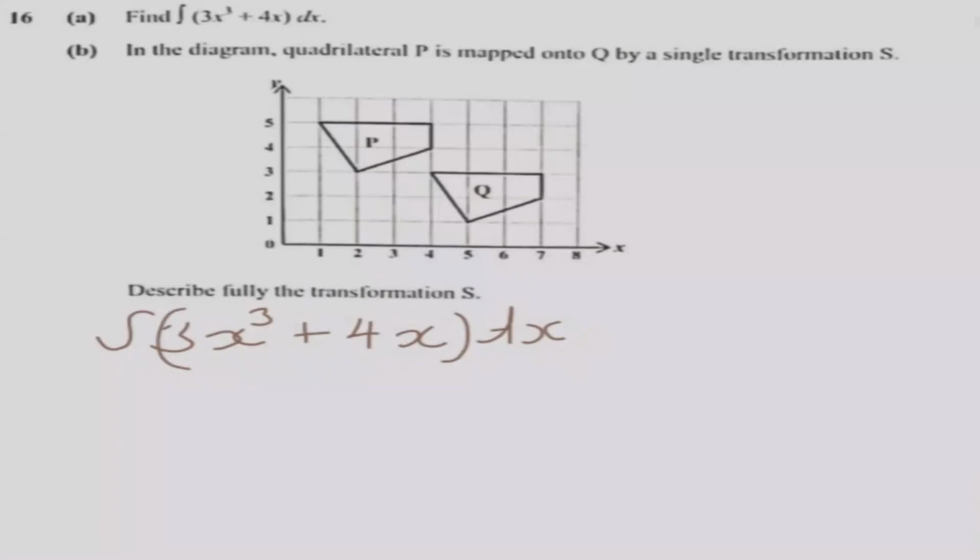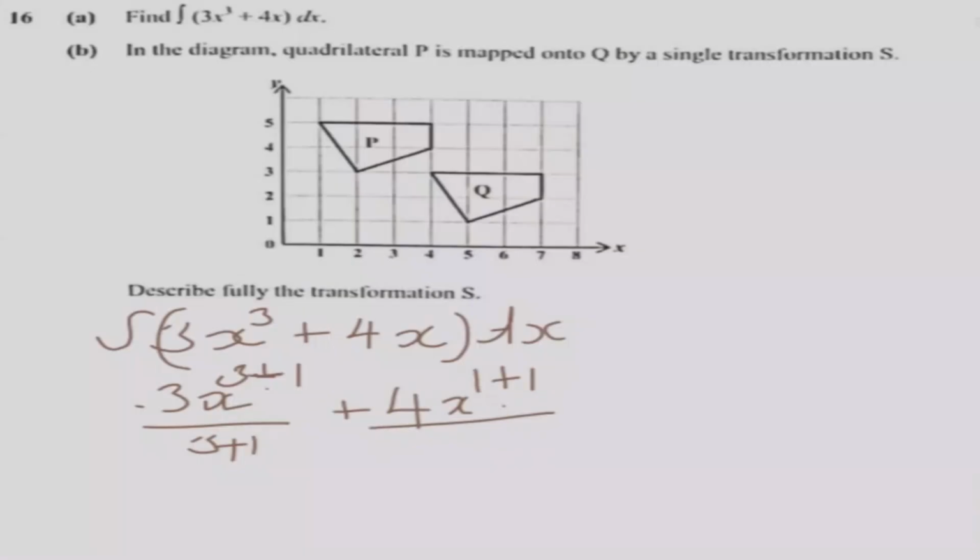So now let me start integrating. I've got 3x raised to the power of 3 plus 1 over 3 plus 1, then plus 4x. Now 4x is raised to the power of 1, so plus 1 over 1 plus 1, plus c.